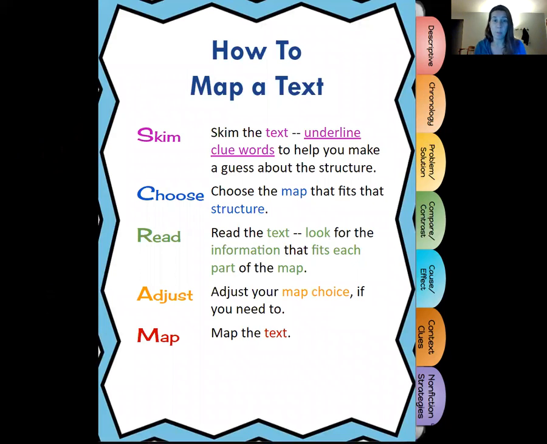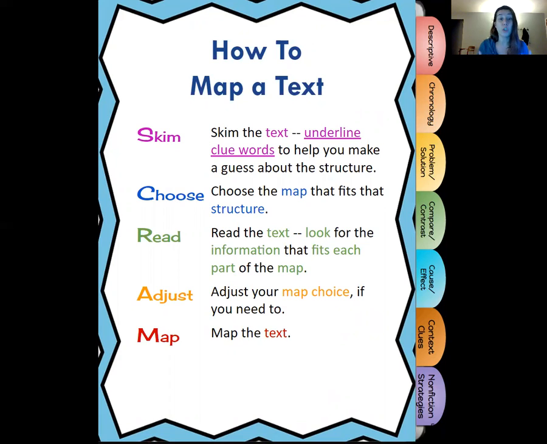But we need to remember that when we are reading a text to find the main idea, we first skim the text and underline or highlight any of those clue words that I was just talking about, to help you make a guess about what text structure you might be reading.